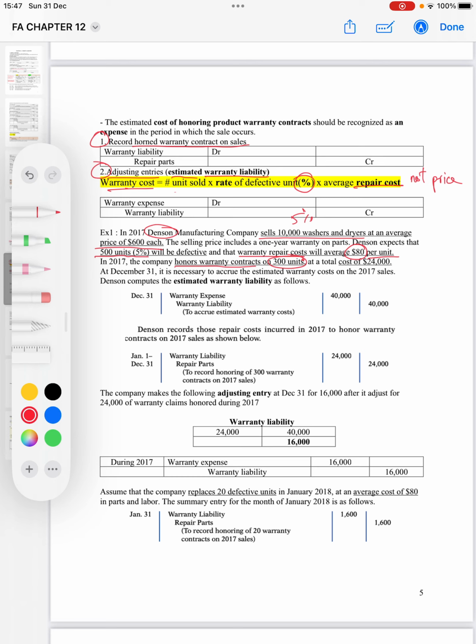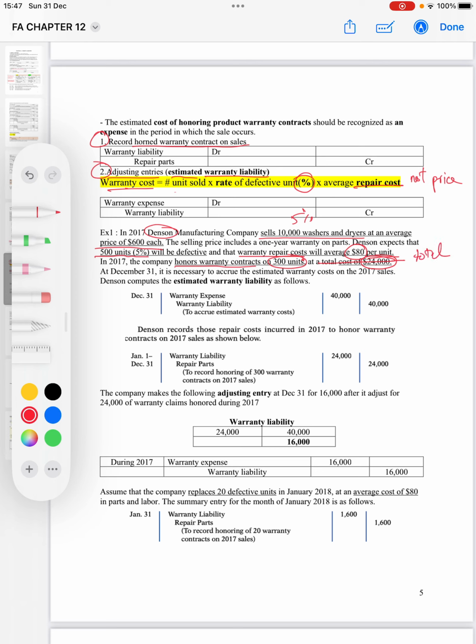And the cost of these 300 units is 24,000. If they don't provide you this information, you can easily calculate it.